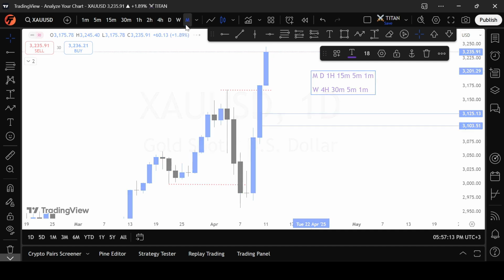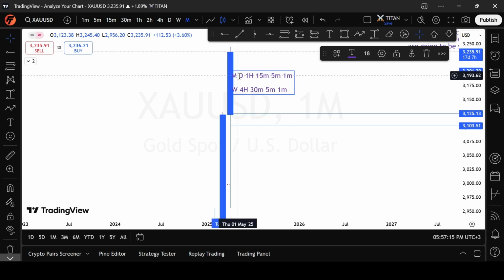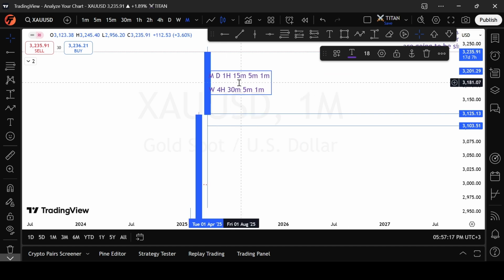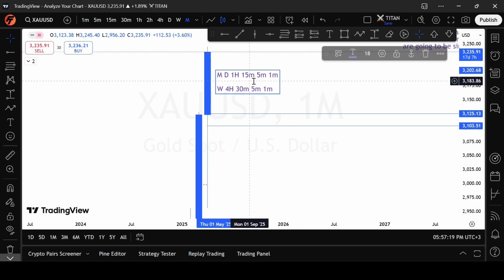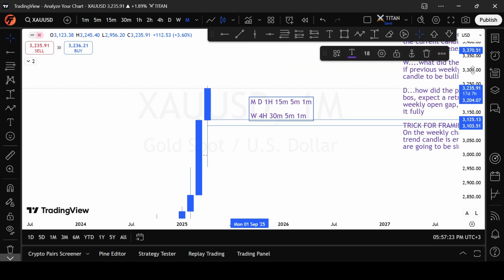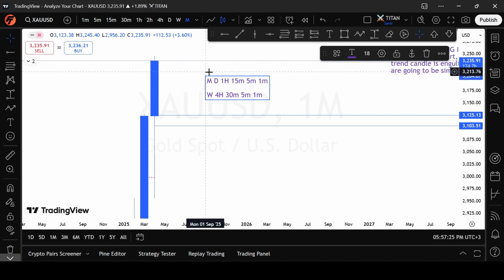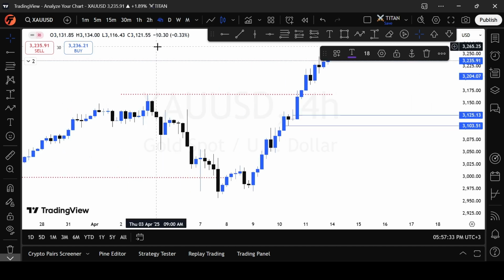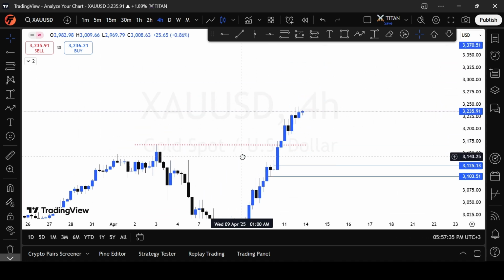Why? Because usually, when I look at the monthly candle, I already said, I hope I said it, the monthly candle usually is the one that dictates the trading environment on the lower time frames. Actually, the big three time frames are the ones that determine and dictate the trading environment on the lower time frames.